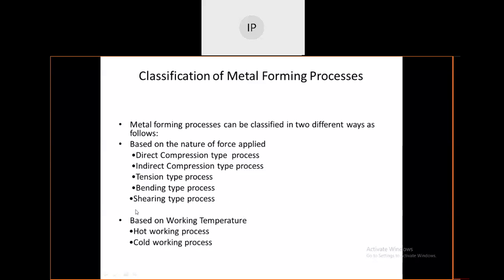In the material science subject we study the crystalline structure of materials. When you heat the material, there will be a change in its microstructure, which we call the crystalline temperature. We will see this in detail in a later class.